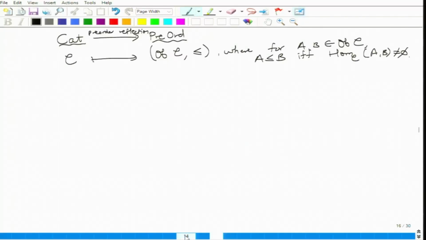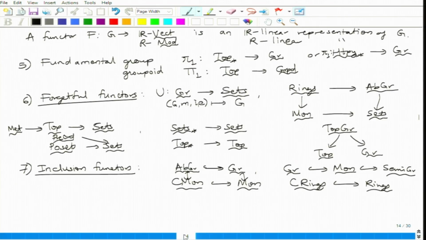Actually, there is another thing which I should write perhaps now that we have talked about it. From pre-orders to Cat, this is actually an inclusion functor.